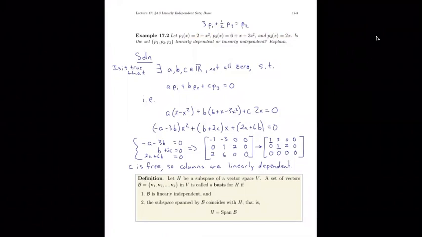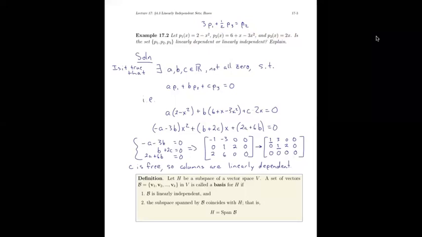We're able to form P2 by taking 3 times P1. If you write down the details to that in terms of the actual polynomials themselves in terms of x, you'll see that this is in fact true. So that's another way to see that you have linearly dependent vectors. We can write P2 as a linear combination of the other two polynomials in this set.